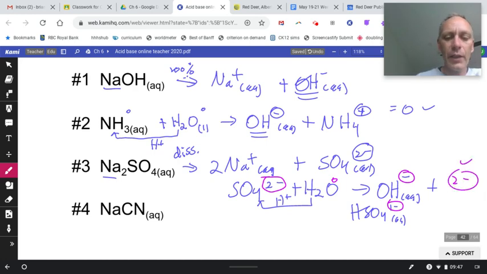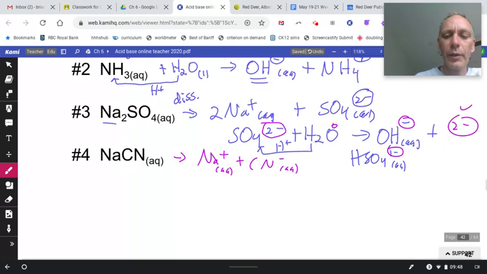Okay, NaCN. Na plus and CN minus. Okay, and you all know by now it's the CN minus that will go after the water to make a basic solution. Okay, so it steals the proton.